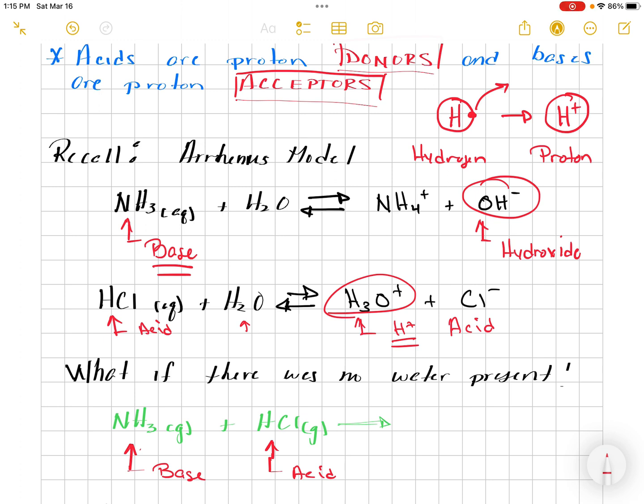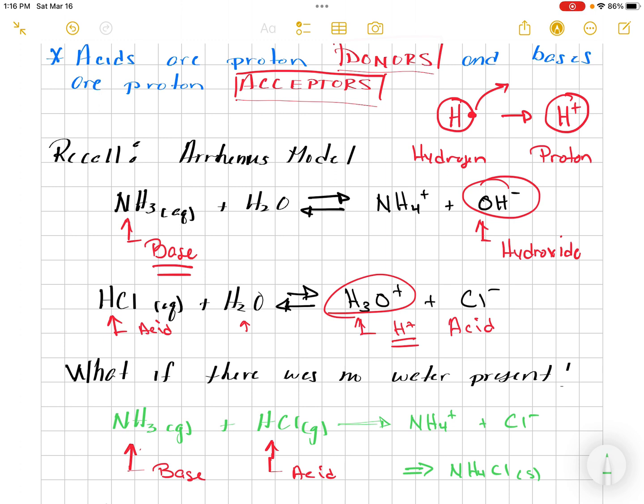The resulting products are NH4+ and Cl-, and these, being positively and negatively charged, come together to form the compound ammonium chloride, which is a solid.